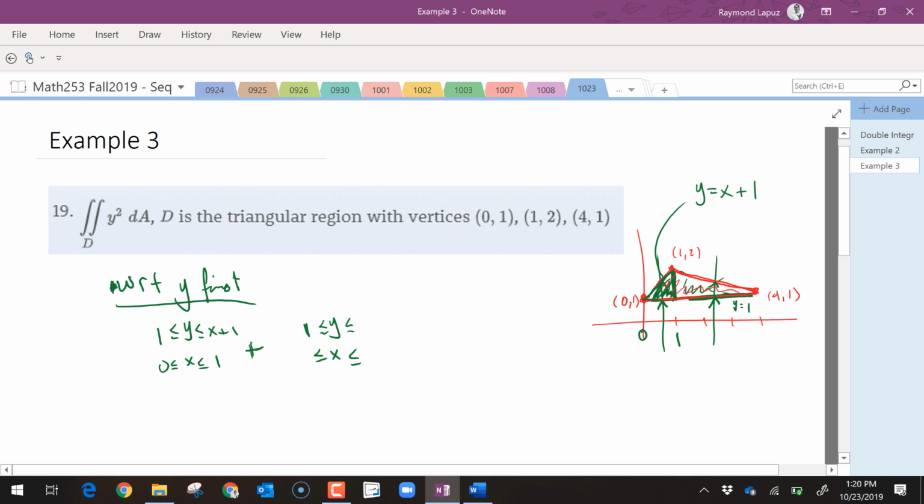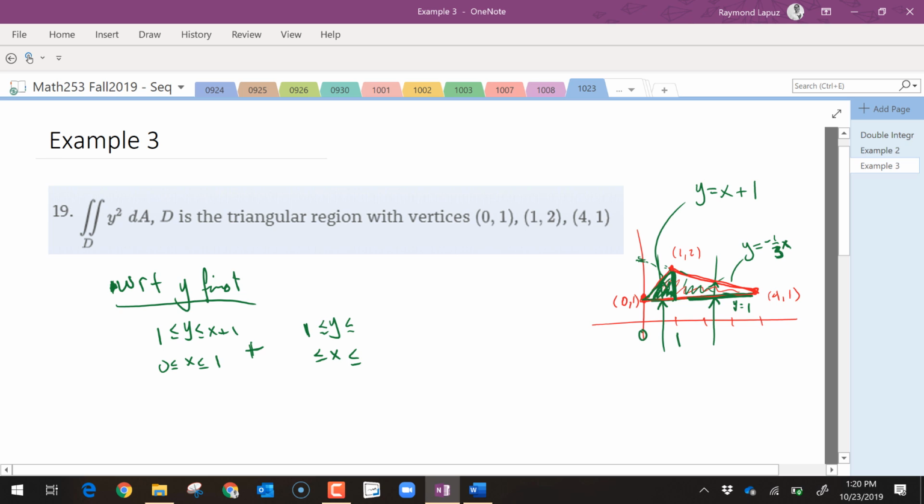Can somebody help me with that? The slope is negative a half. Oh, negative 1/3. So the slope is negative 1/3.